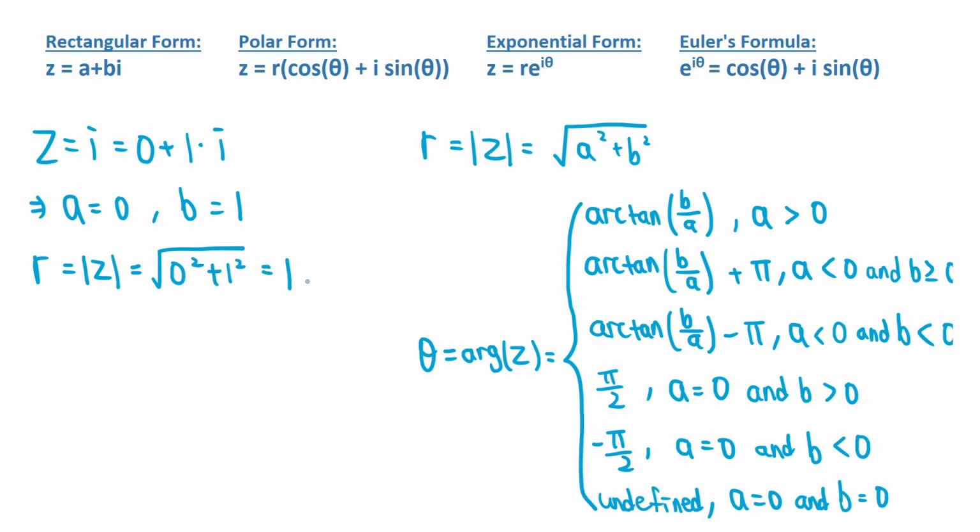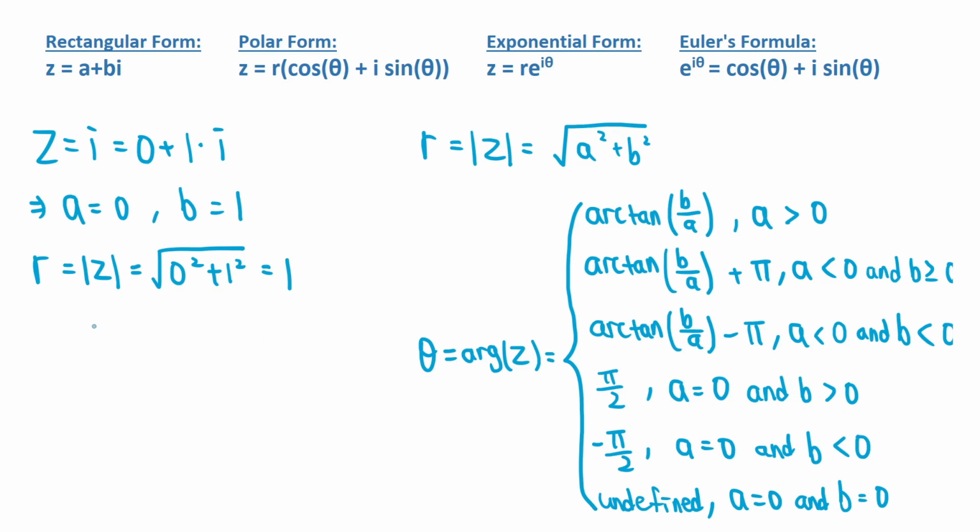which is just equal to 1. To find theta, we can use this formula listed at the side, and theta is equal to the argument of z, and we have all of these cases where we can determine the value of theta in terms of a and b. But the only one that's relevant to us is this one right over here, where argument of z is equal to pi over 2 when a is equal to 0 and b is greater than 0, which is the case that we have.